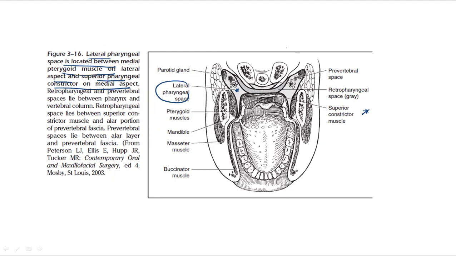Now, in this diagram, mainly we talk about 3 spaces. One is the lateral pharyngeal space, medially we have the superior constrictor muscle, and laterally you have the medial pterygoid.